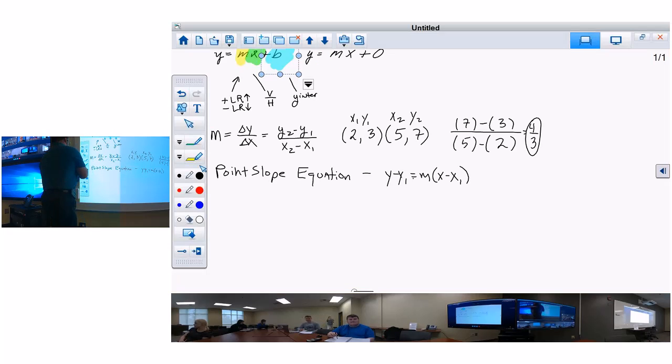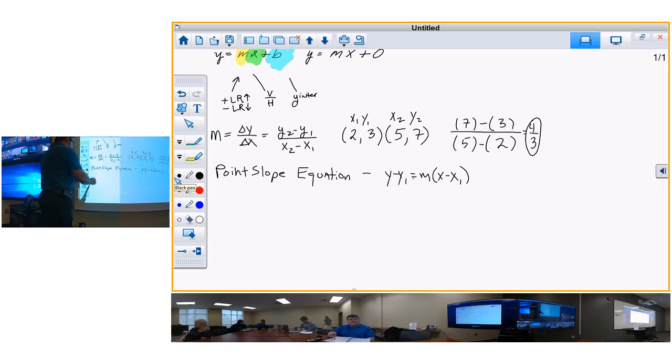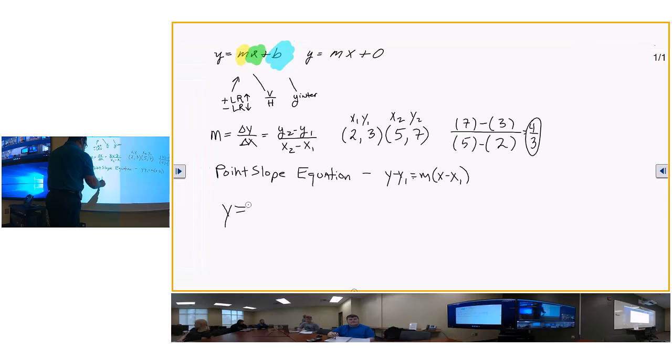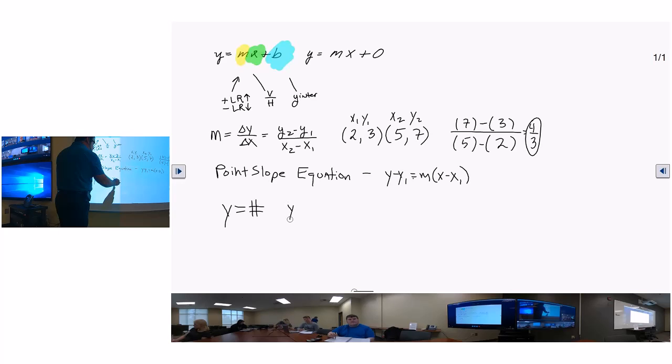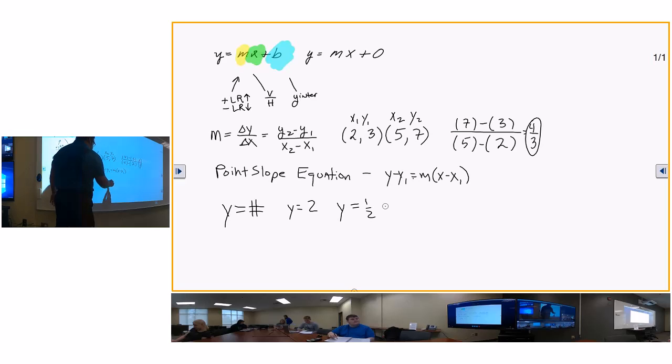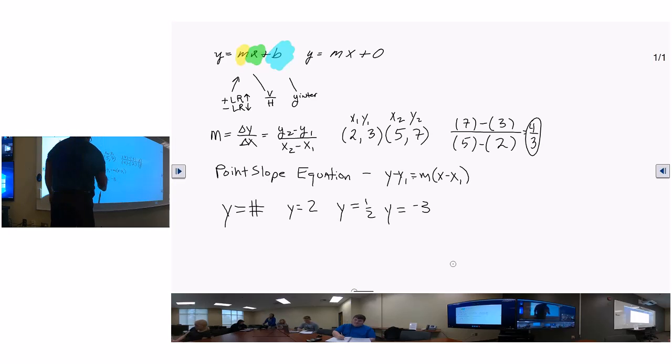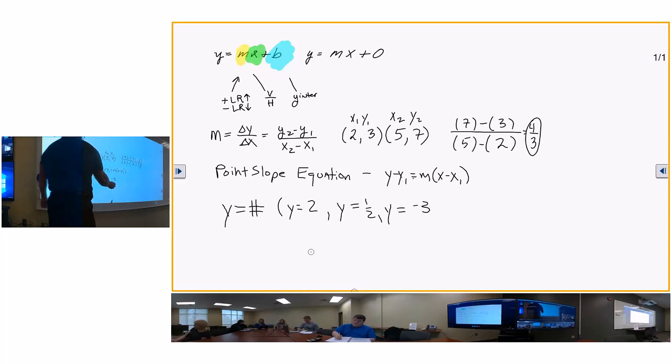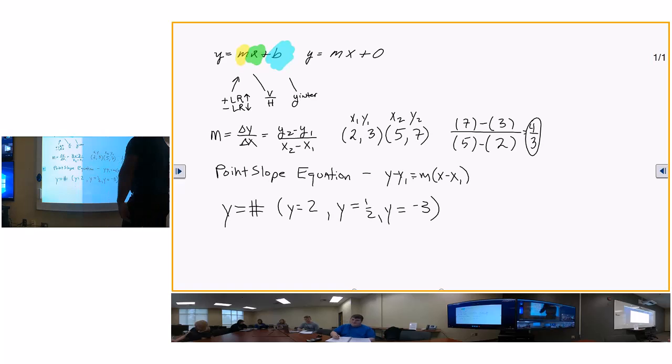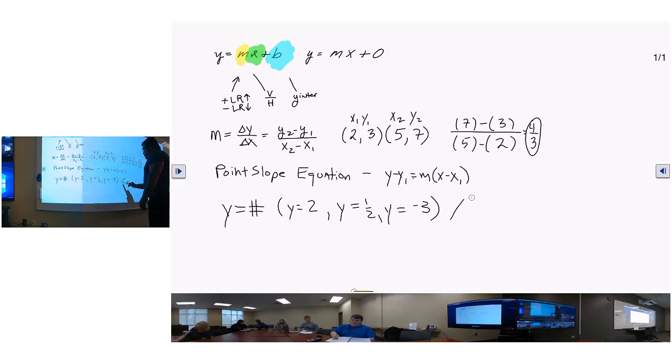Okay. Some other things. When y is equal to a number, meaning y is equal to 2, y is equal to 1/2, y is equal to -3, it's parallel to what axis?